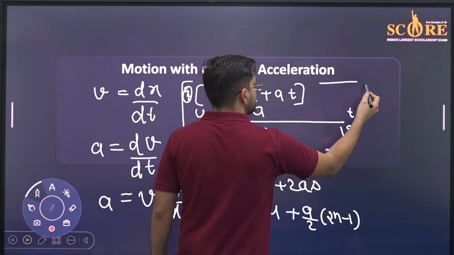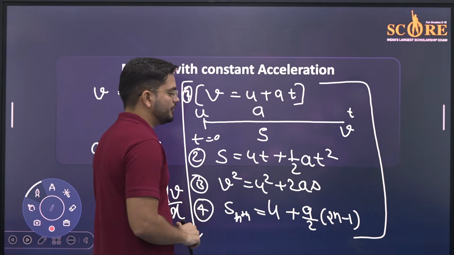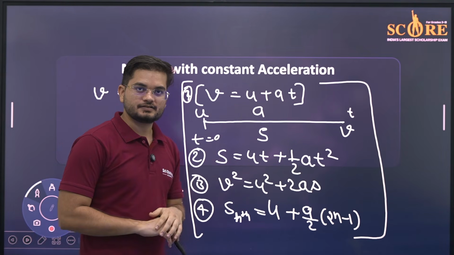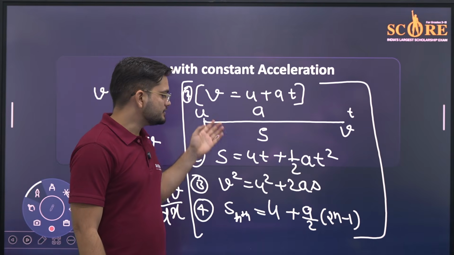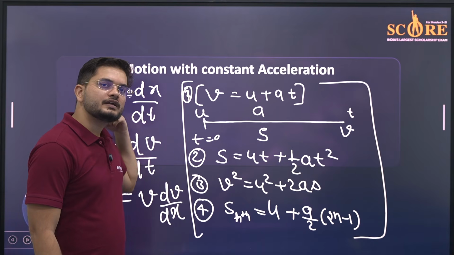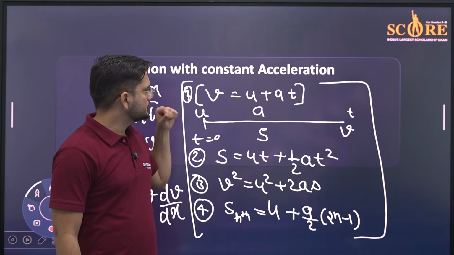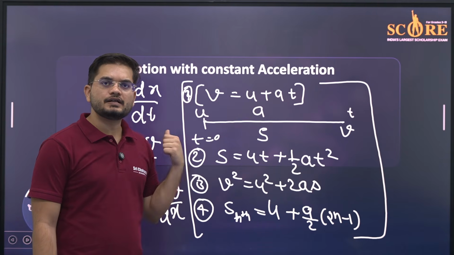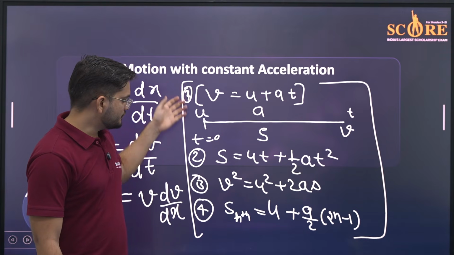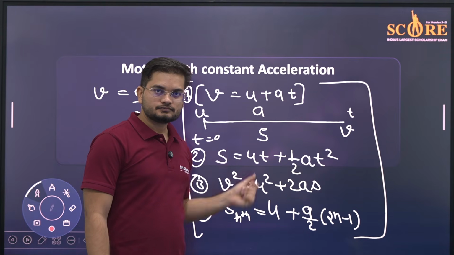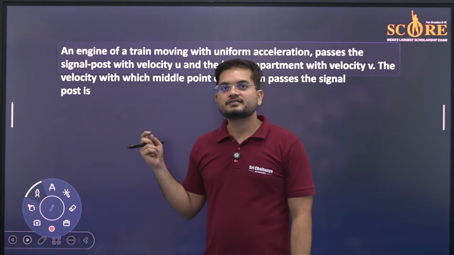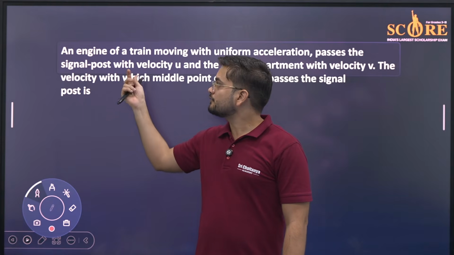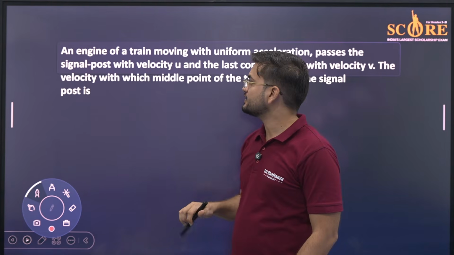These equations are known as the big four equations for motion with constant acceleration. By using these four equations, we can calculate v, u, a, s, average velocity, distance traveled. Clear?